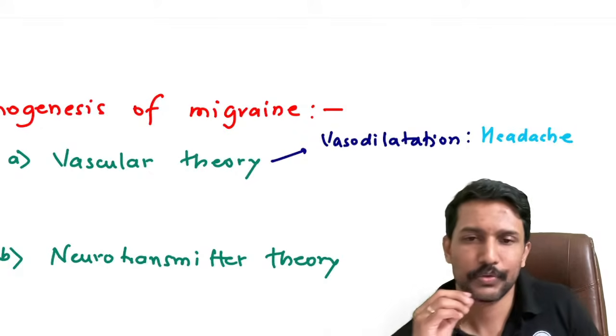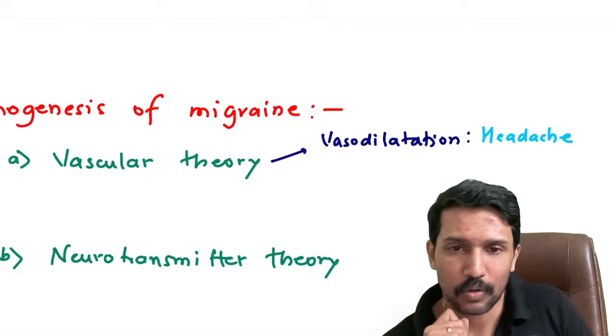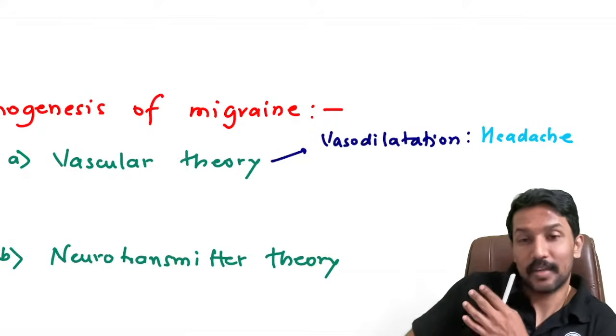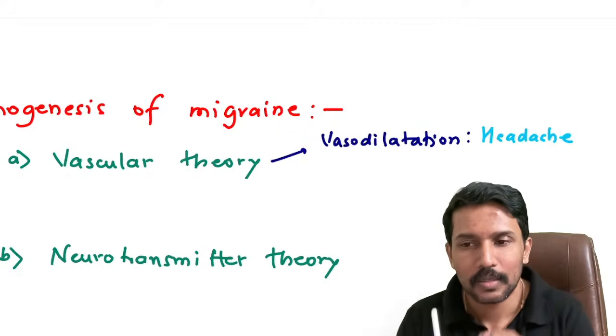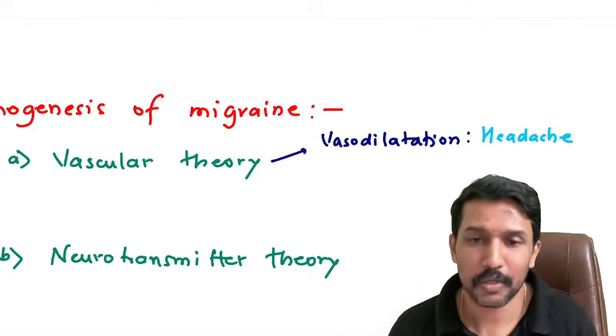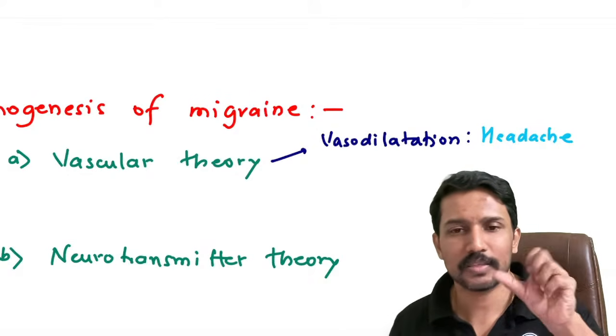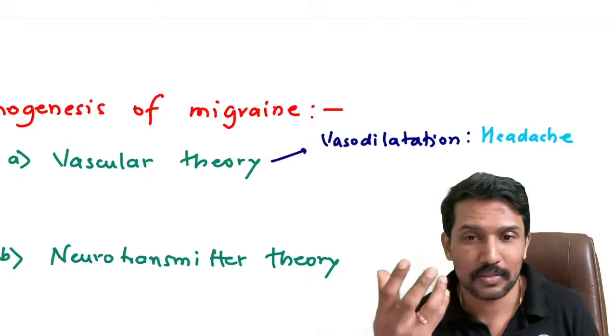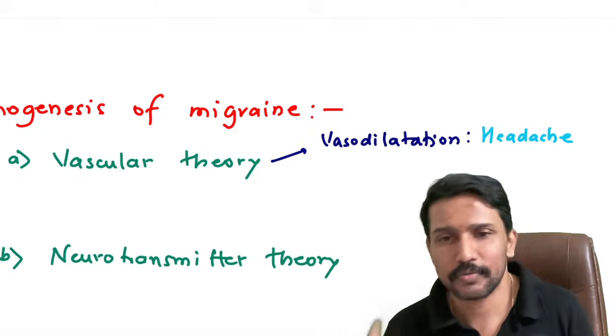Okay, but the theory also says that the aura that we saw, right? The patient was losing vision, or the patient was losing one side body movement, hemiplegia. The aura phase can be explained by vasoconstriction. Like if I constrict the blood flow to the occipital cortex, which is concerned with vision, will I be able to maintain vision? No, I will lose it.